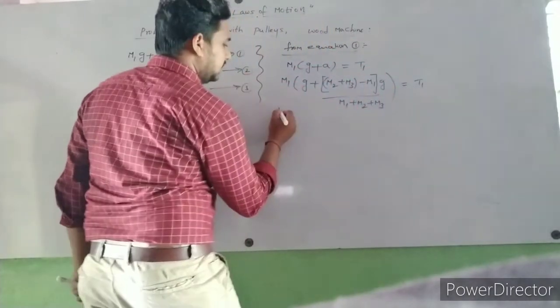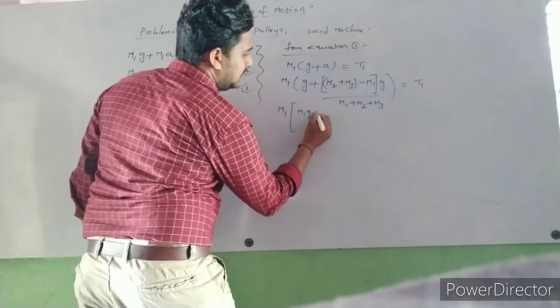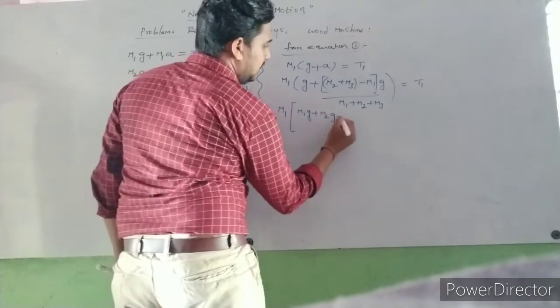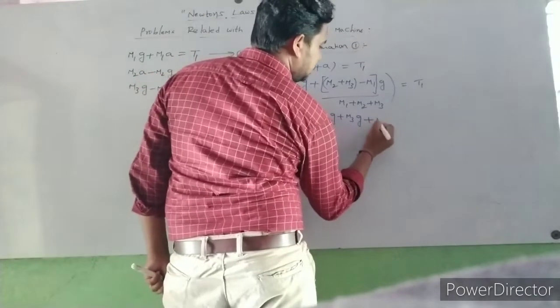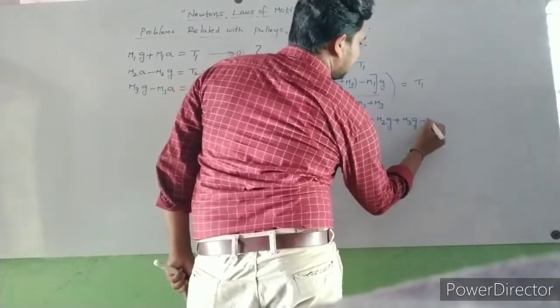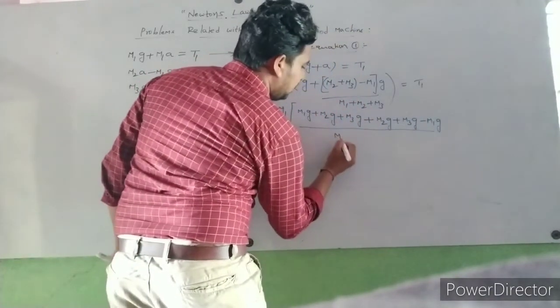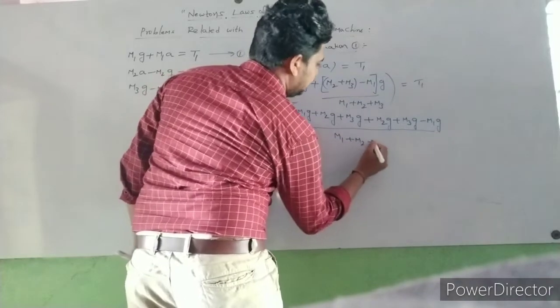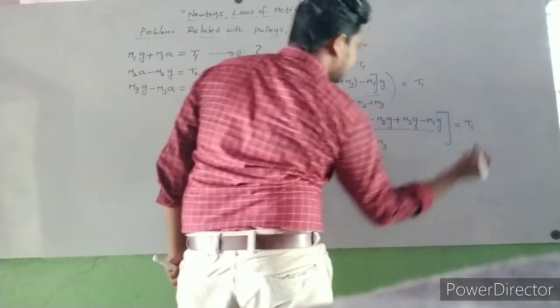So M1 times M1G plus M2G plus M3G plus M2G plus M3G minus M1G, by M1 plus M2 plus M3, is equal to tension T1.